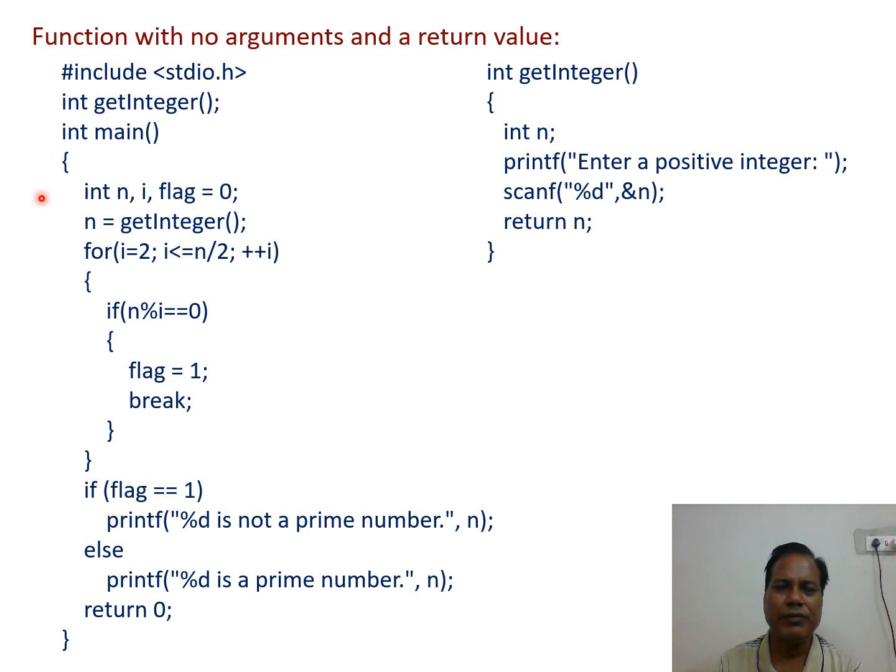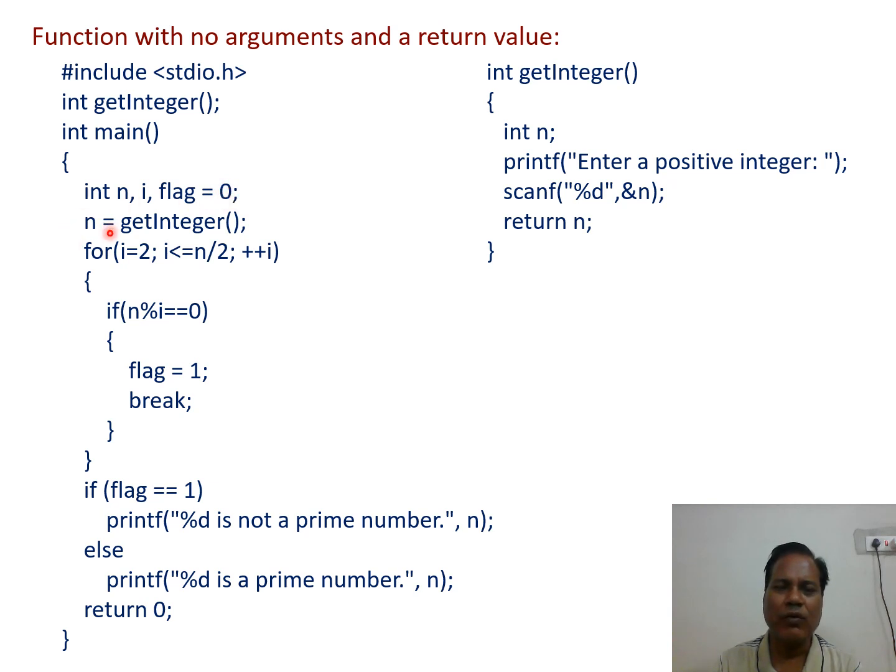Then in the main function, int n, i, flag = 0; three integer variables are declared: n, i and flag. Simultaneously flag is initialized to 0.